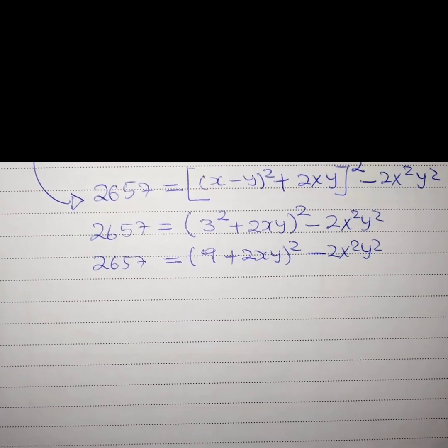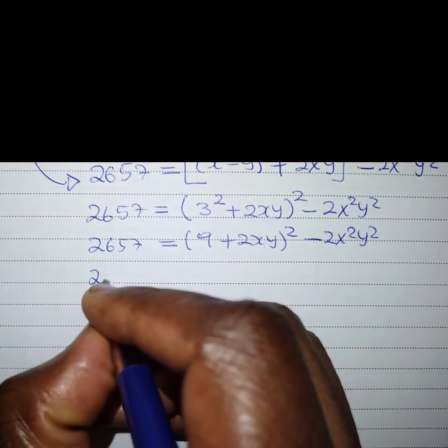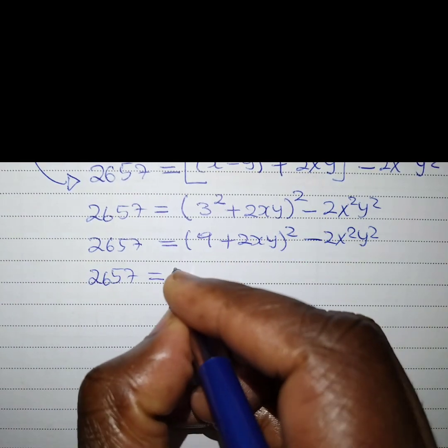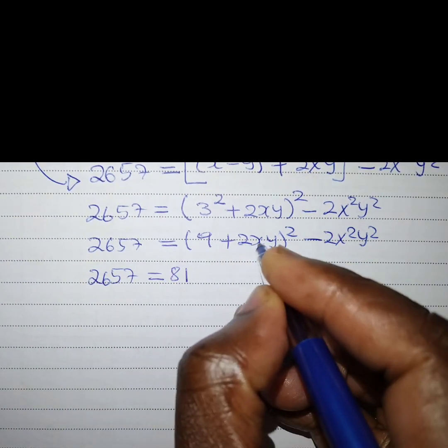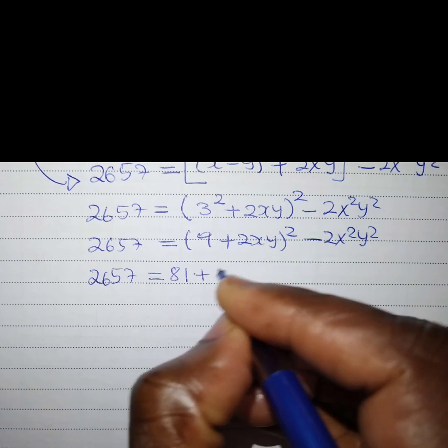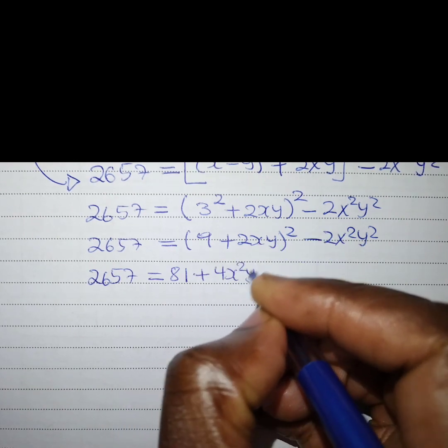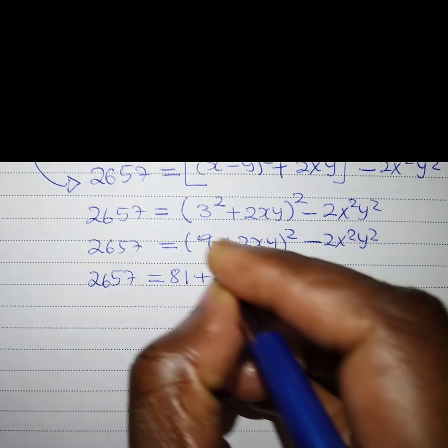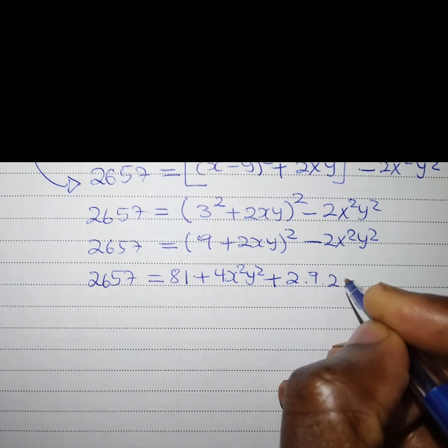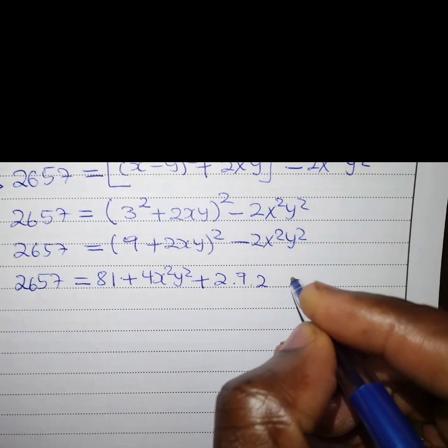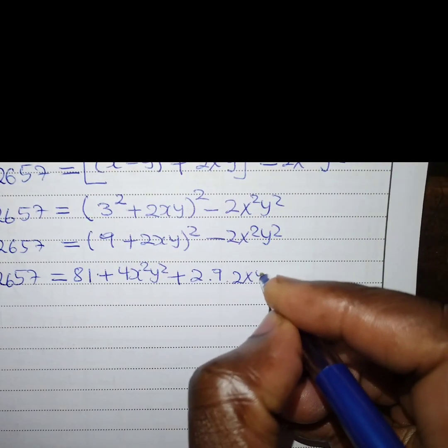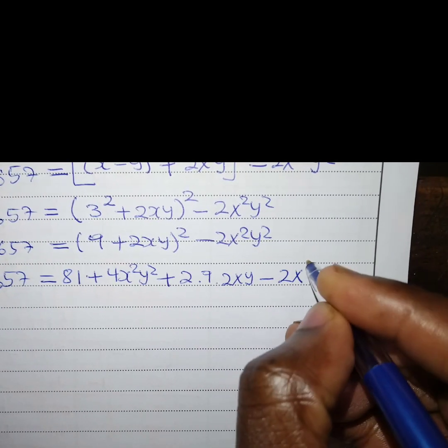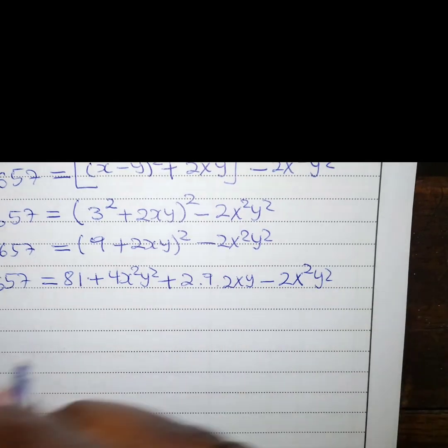Then we are going to have 2657 equals 9 raised to the power 2 is 81, 2xy raised to the power 2 is 4x squared y squared, then plus 2 times 9 times 2xy, and minus 2x squared y squared.